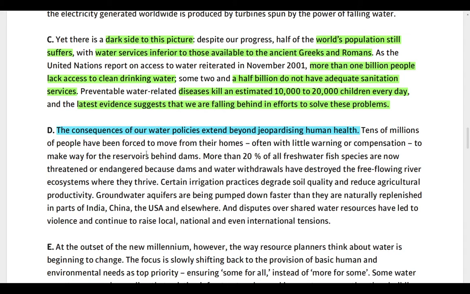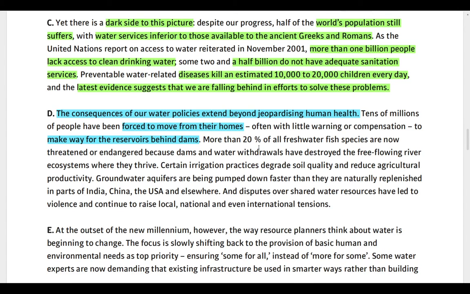Tens of millions of people have been forced to move from their homes, often with little warning or compensation, to make way for the reservoirs behind dams. I'm not really sure how they were forced, but in this context, forced gives us a negative meaning. More than 20% of all freshwater fish species are now threatened or endangered because dams and water withdrawals have destroyed the free-flowing river ecosystems where they thrive.